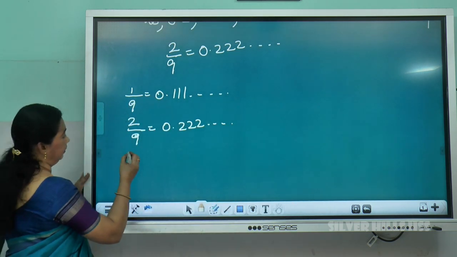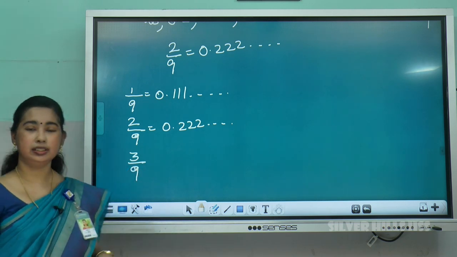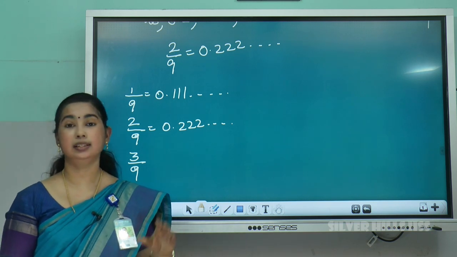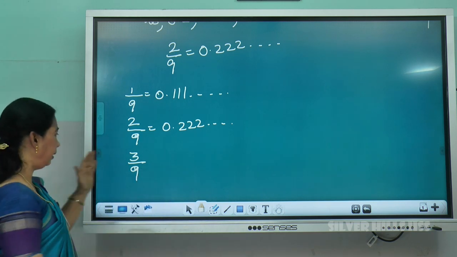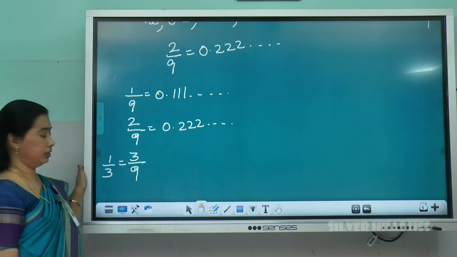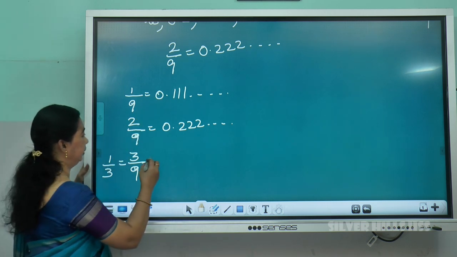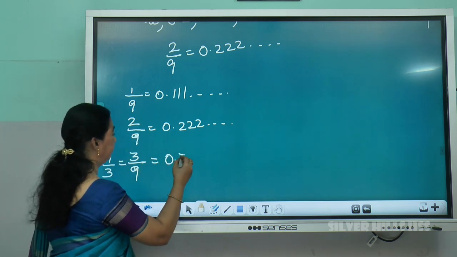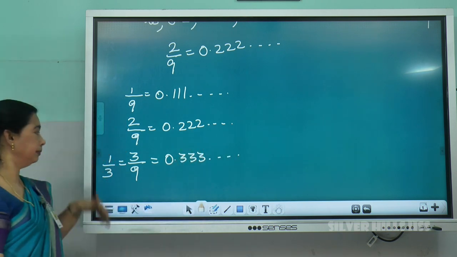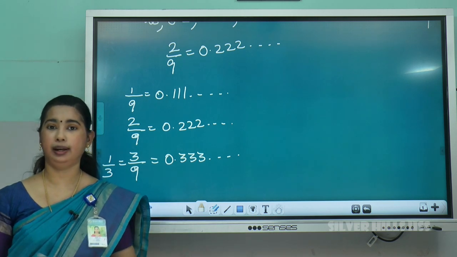Next one is 3 by 9. But if it is a fraction, always we will write it in the simplest form. So, 3 by 9 is the same as 1 by 3. As usual we can write it in the same pattern, that is 0.3333, etc. Similarly 4 by 9 will be 0.444, etc.